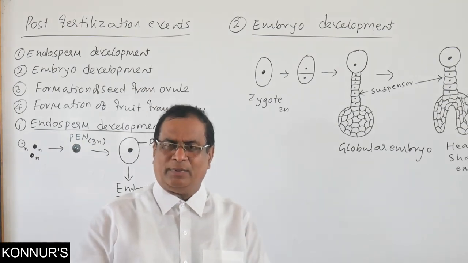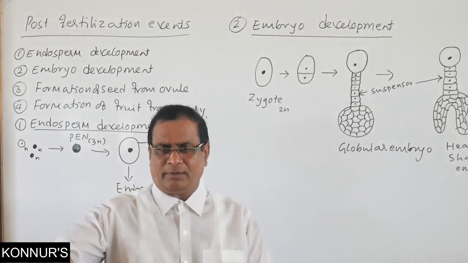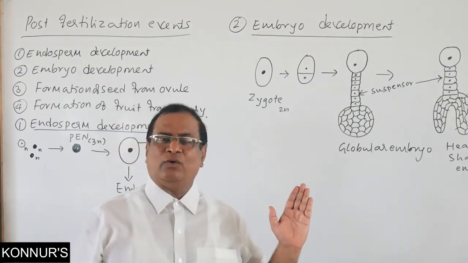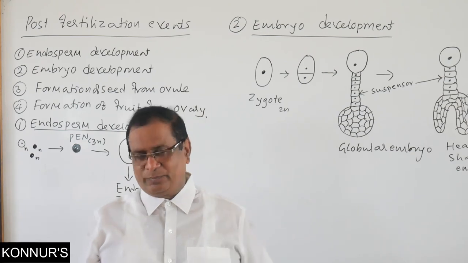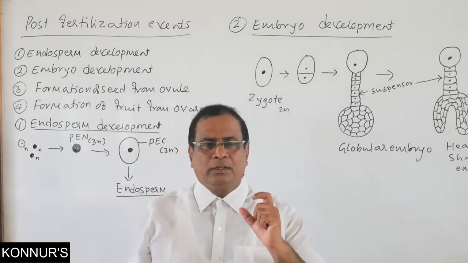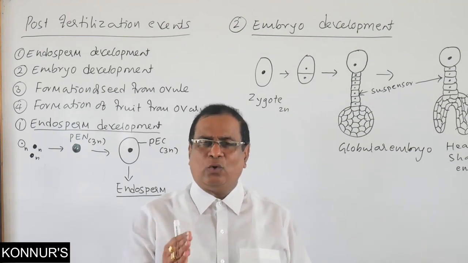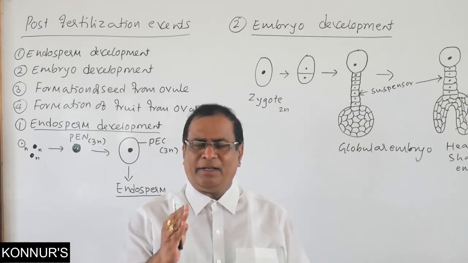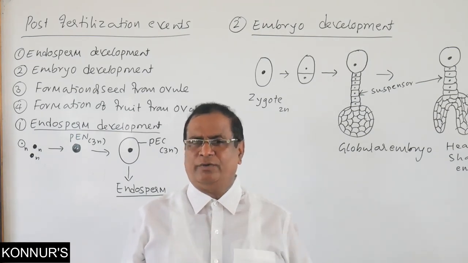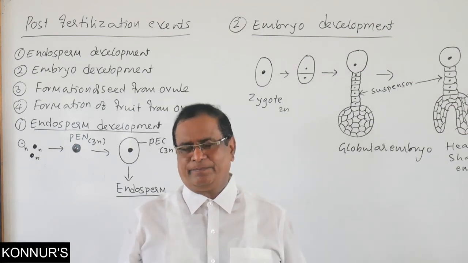Once the endosperm develops partially, the zygote starts developing into embryo. In the beginning, the zygote undergoes repeated mitotic division, leading to the formation of a ball of cells.